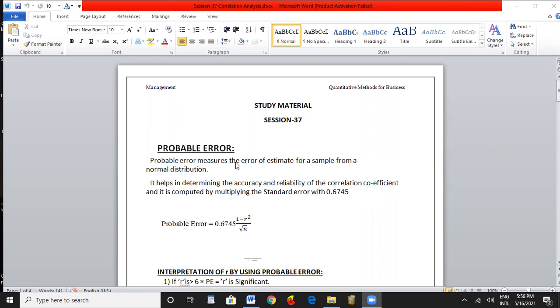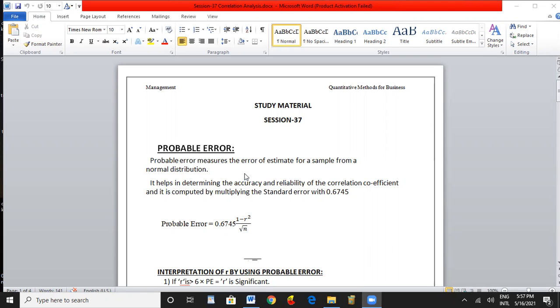Because from the samples selected, the management will take the decisions. If the samples which have been taken go wrong, then the decision also goes wrong.